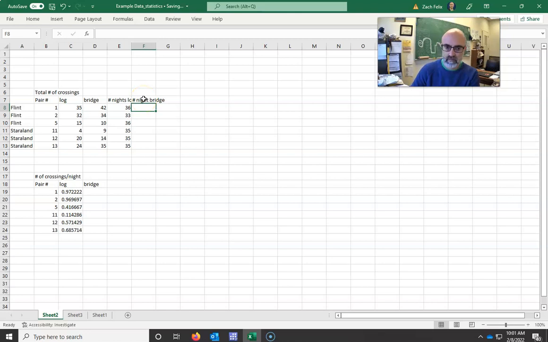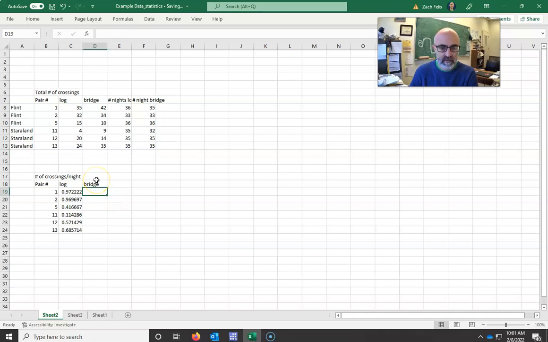And so we can just put in some fictitious numbers here. Maybe everything was the same, but here the bridge got washed out, and so it only ran for 32 nights. Obviously this is all fictitious.